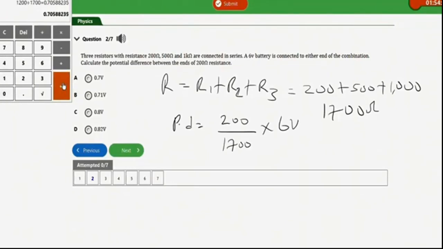We have 0.705. So the correct option to this question will be option B. If you are leaving it in 2 decimal places, this 5 you round up, so it will be 0.71 volts. That's the correct option, 0.71 volts for the potential difference between the ends of the 200 ohm resistance. So that's it for this question. Let's wipe this now for the next repeated question.